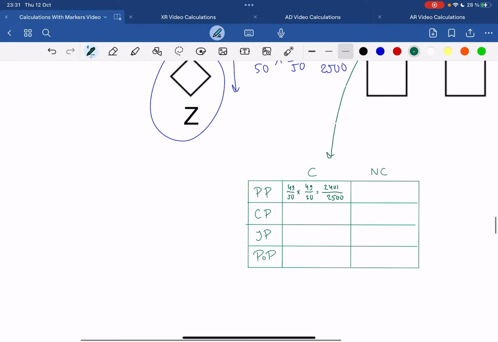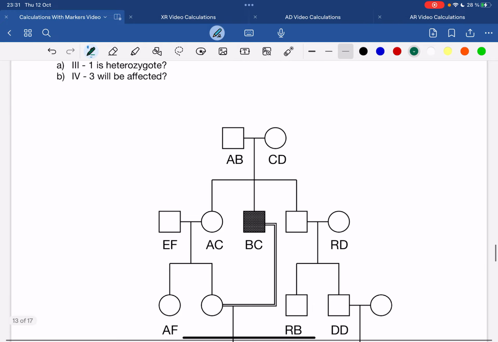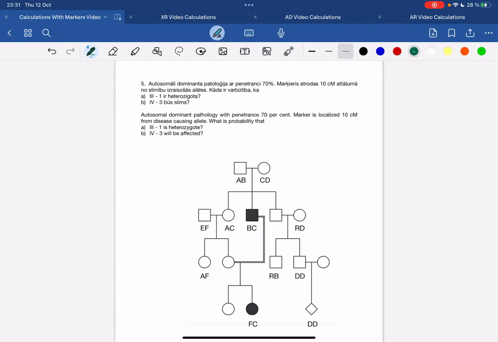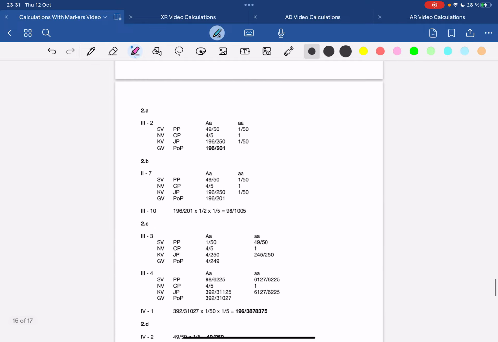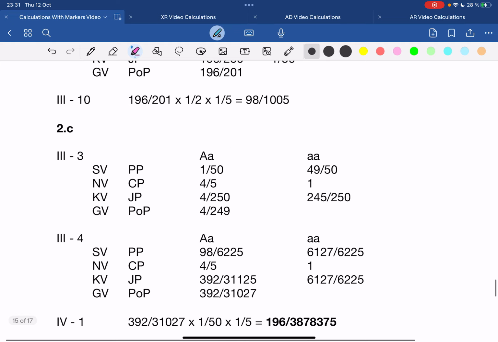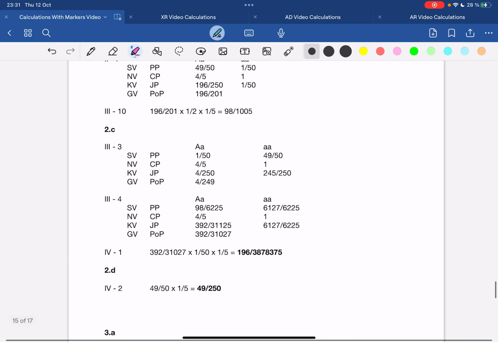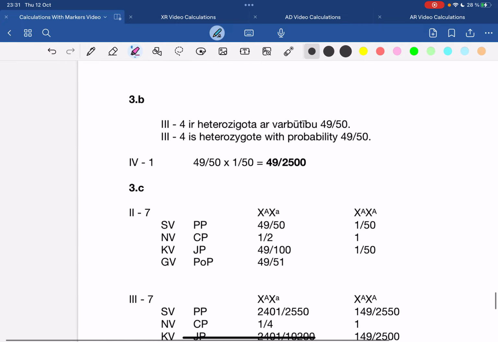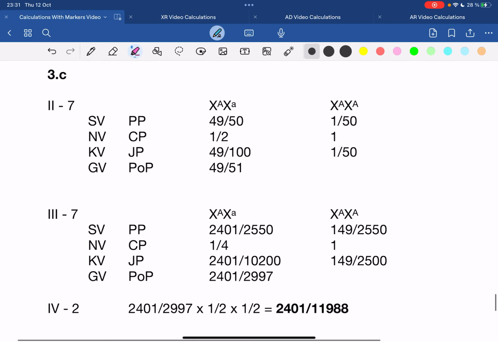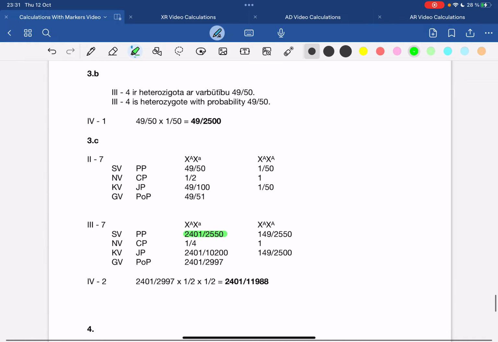Now, this is where the answer sheet tells us we are actually wrong. So if any of you has an idea of why this could be wrong, you can answer in the comments. Let's see here. 2C, as you can see here, it's actually 3C. It assumes that the mother has a prior probability of 2,401 divided by 2,550.